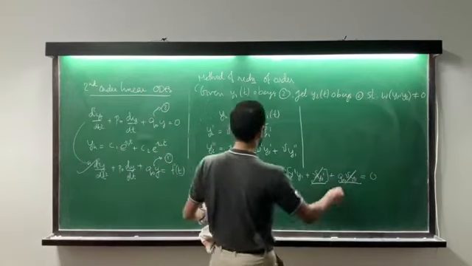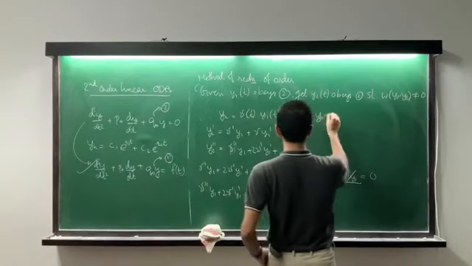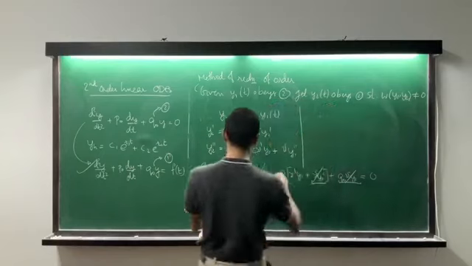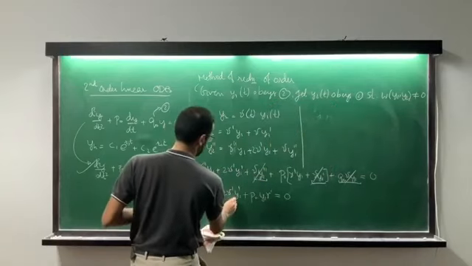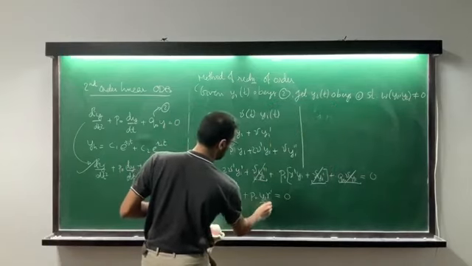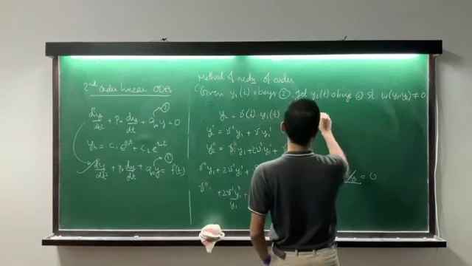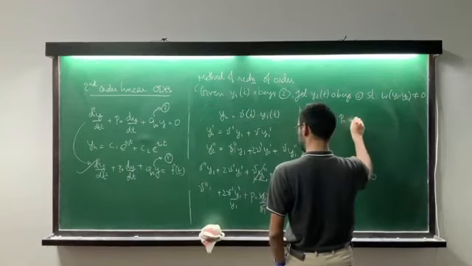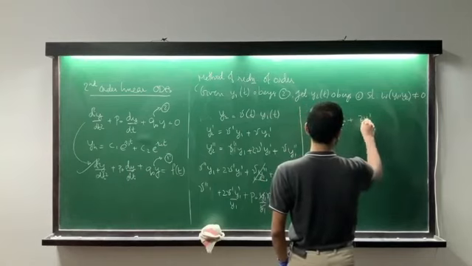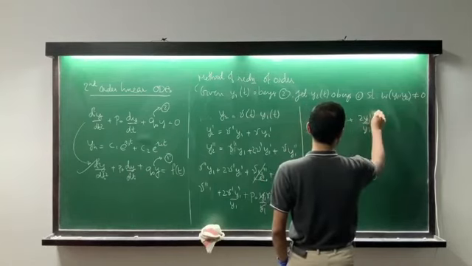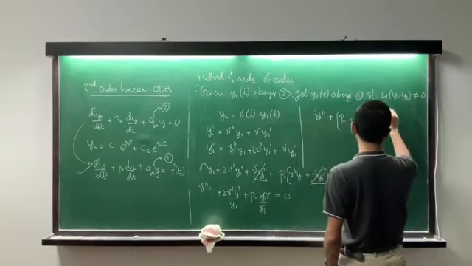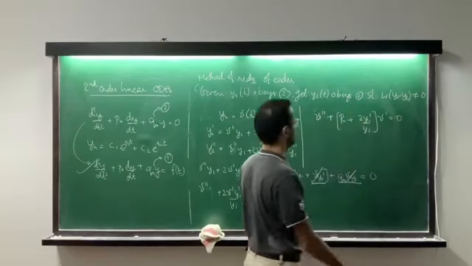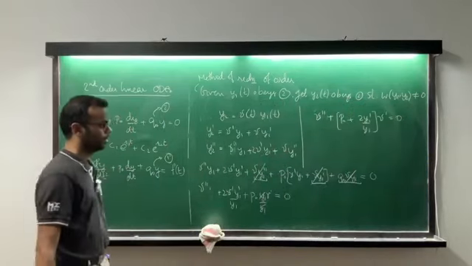And so what you will now do is divide throughout by y1. I will get nu double prime plus p naught plus 2 y1 prime by y1 times nu prime is equal to 0.